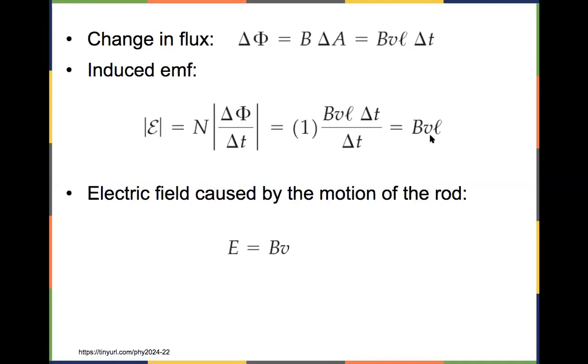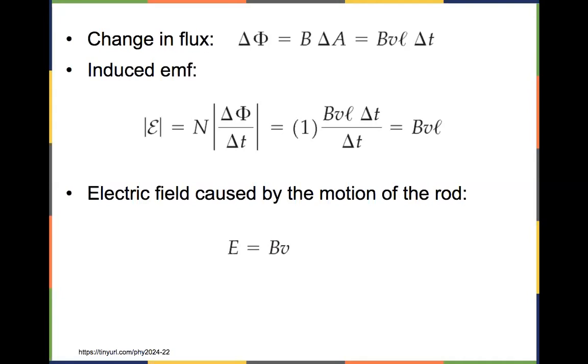So at any moment, if you have the velocity of the rod to be V, then you can calculate at any moment what's the induced EMF. Now this is the voltage across the rod, on the top end and the bottom end.